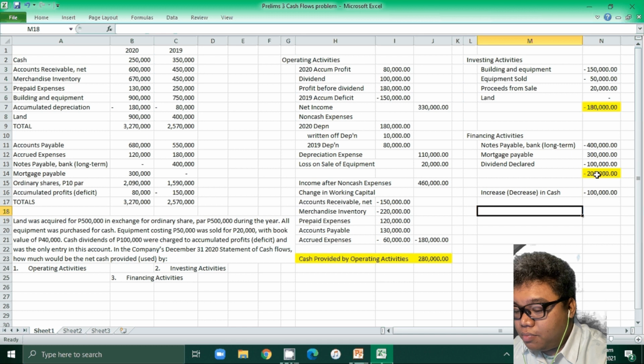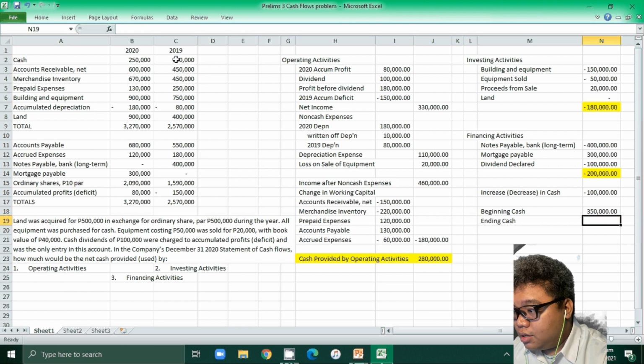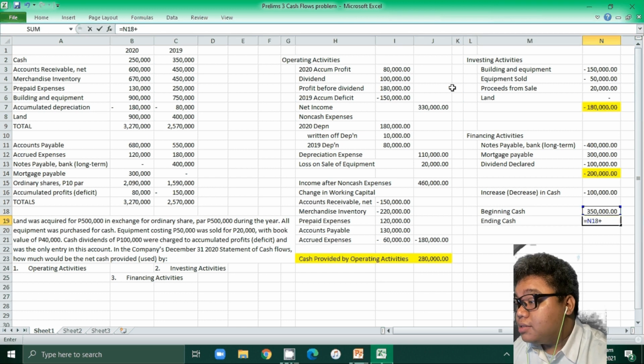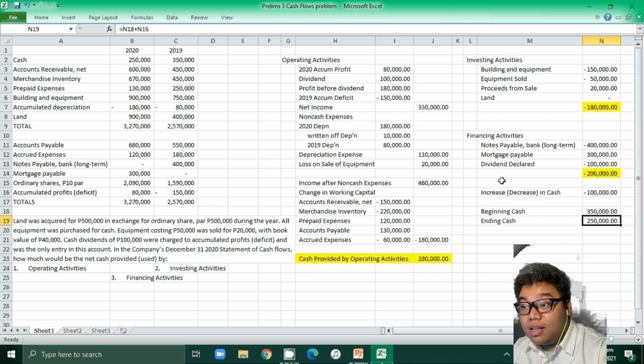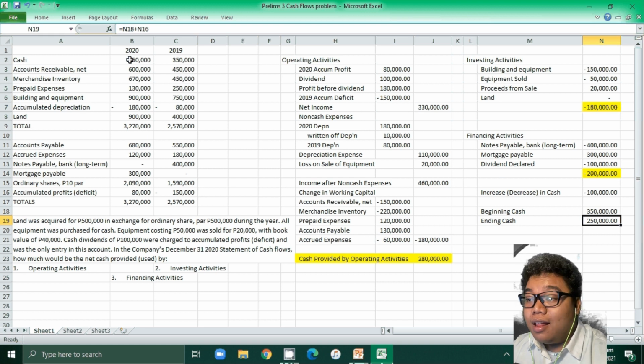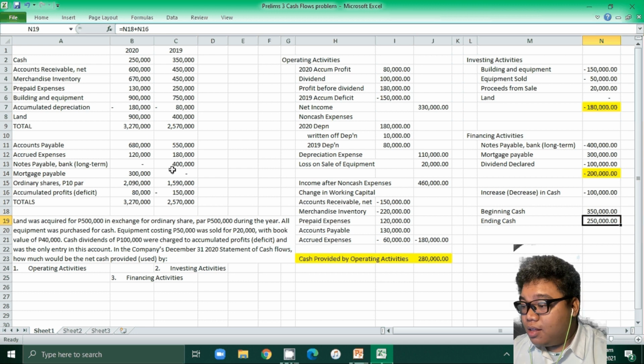The beginning cash that we have is actually 350,000, and then the ending cash, we have 350 plus negative 100, so it is 250,000. This is in line with the 250,000 that we have for cash balance as of 2020. So that is how we compute for changes in cash for operating, investing, and financing activities.